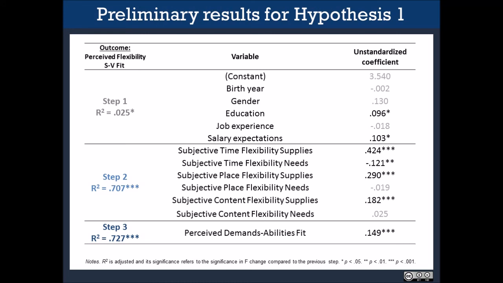I would say this is much higher than the previously reported links between the molar and the atomistic approach. For instance, in Edwards and colleagues 2006, I think the maximum was about 58%. Now I've got 71% of perceived fit predicted by subjective supplies and needs.